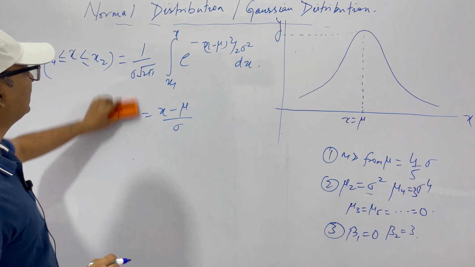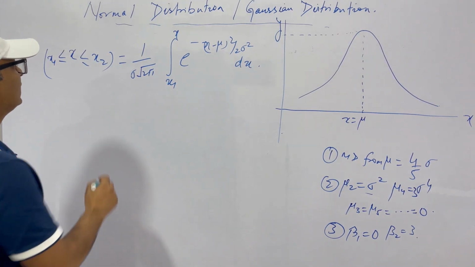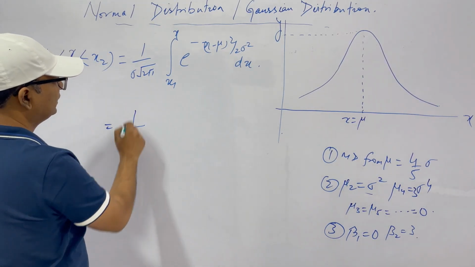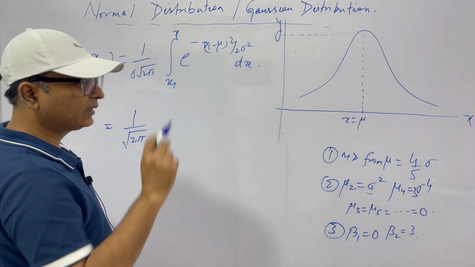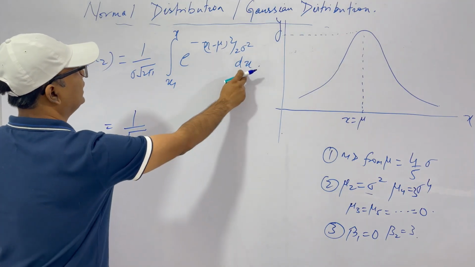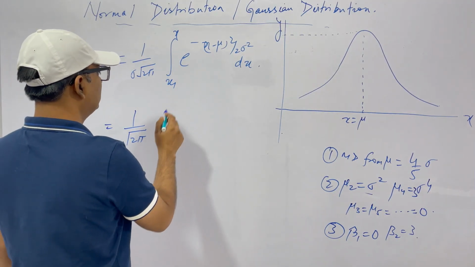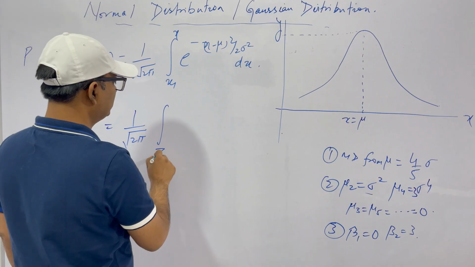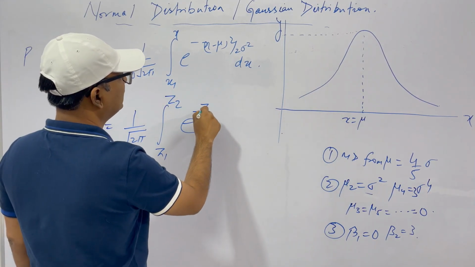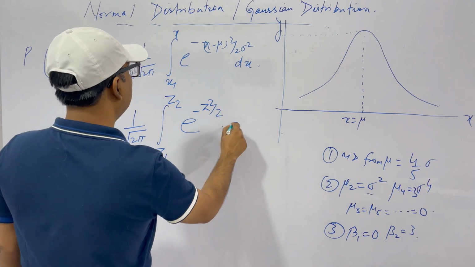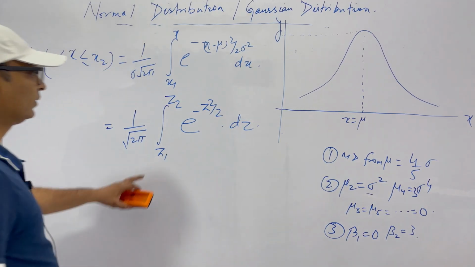Then we can write this integration as 1 by root over 2 pi, because dz is dx by sigma, so dx by sigma becomes dz. This becomes integral from z1 to z2 of e to the power minus z square by 2 dz. Clear?